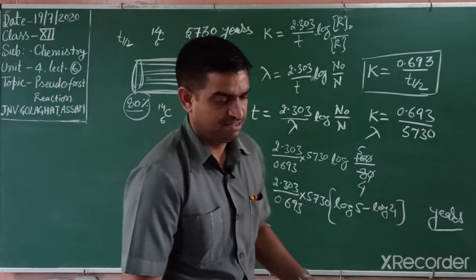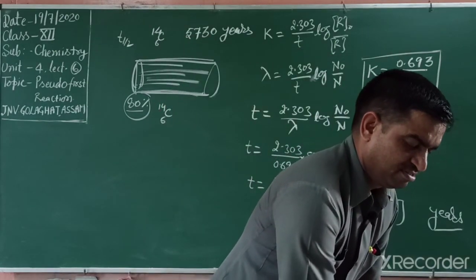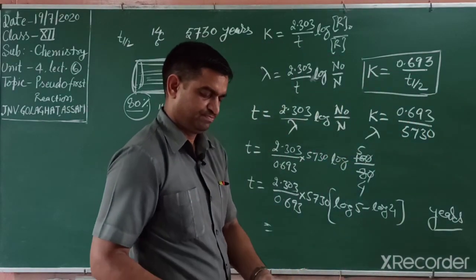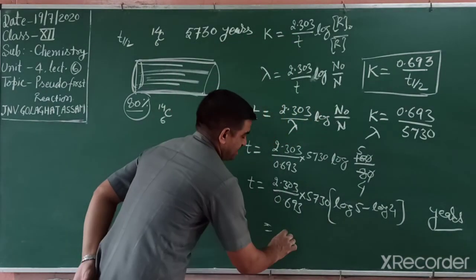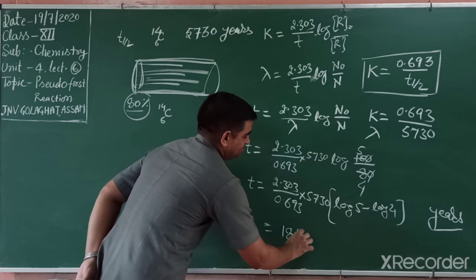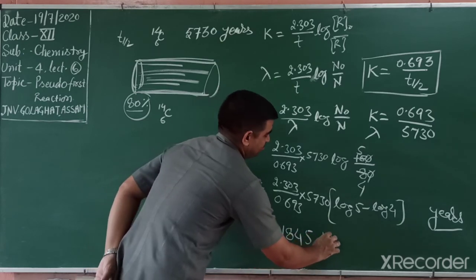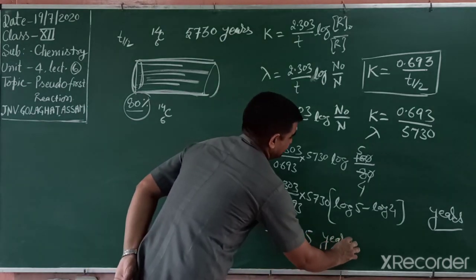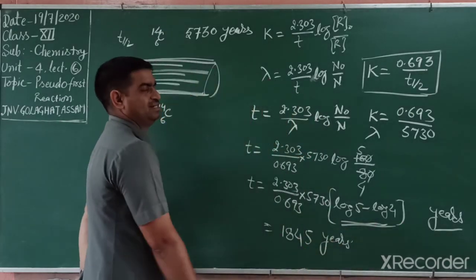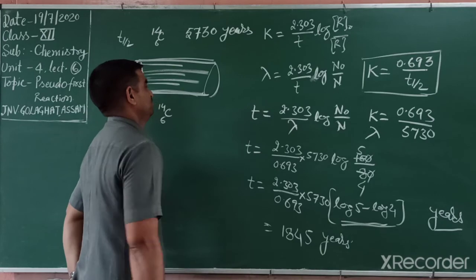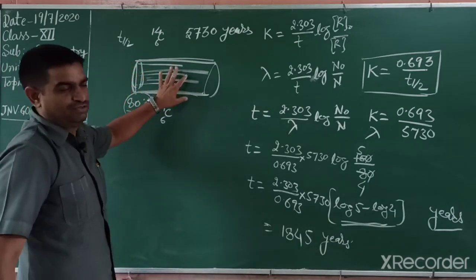Then you will get the answer, generally about 1845 years. If you solve the log 5 and log 4 values and multiply, you get this answer. In this way you can solve.